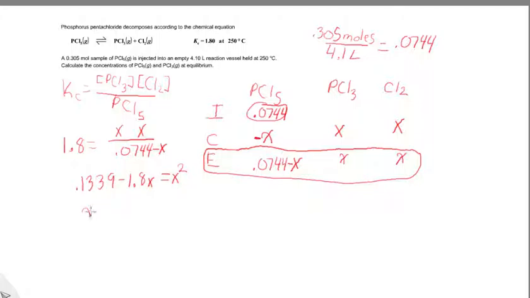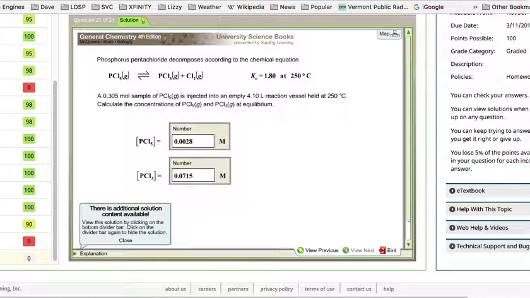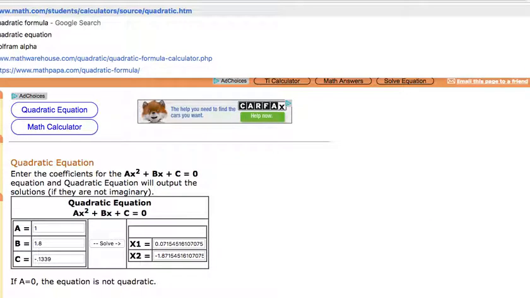I'm going to rearrange, so I get x squared plus 1.8x minus 0.1339 equals 0. And then I can use the quadratic equation, and I am going to use the quadratic calculator.